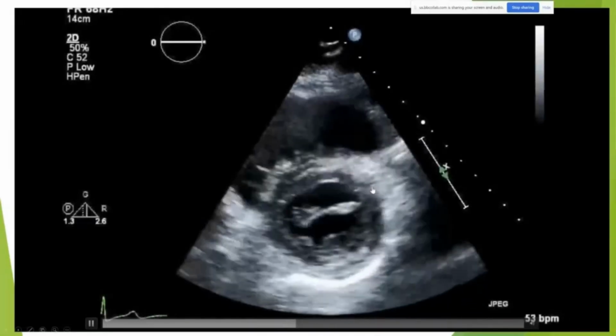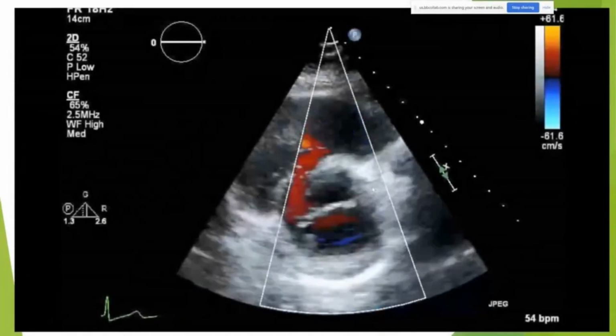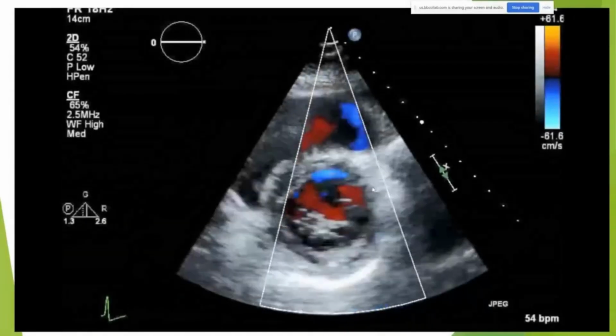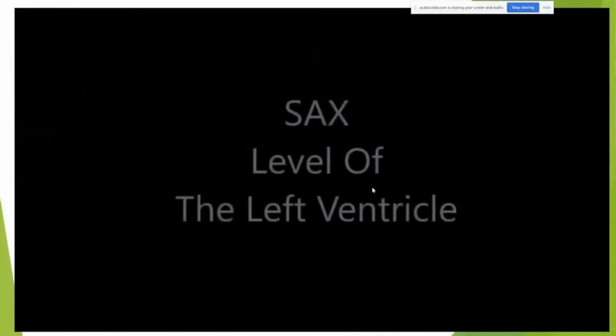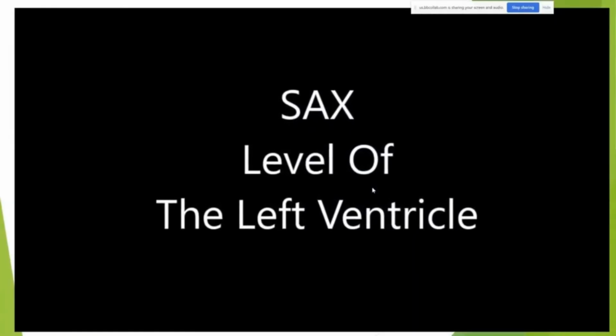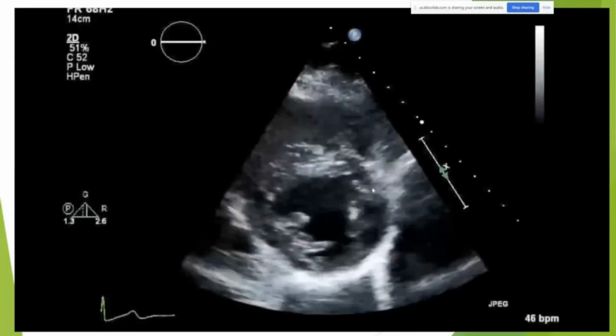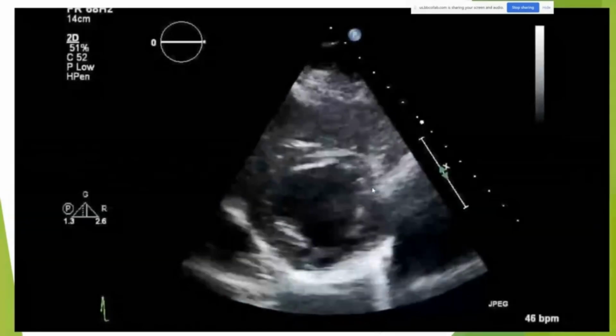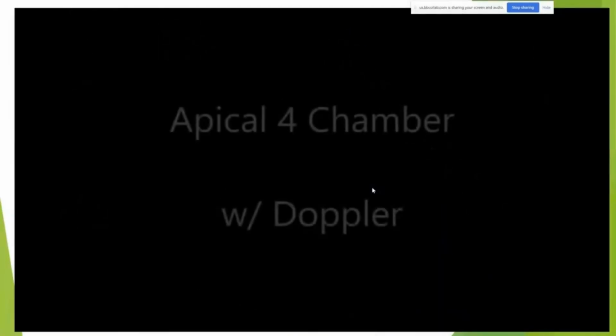Mitral valve level. Papillary muscles. This is also showing you the left ventricle.